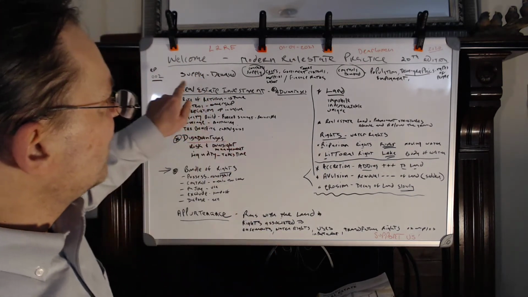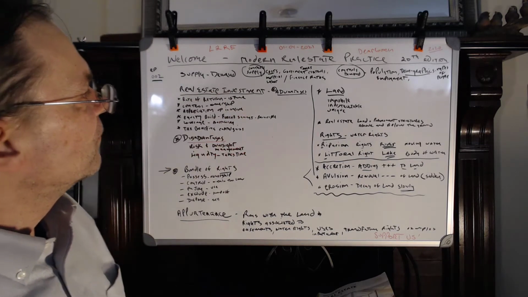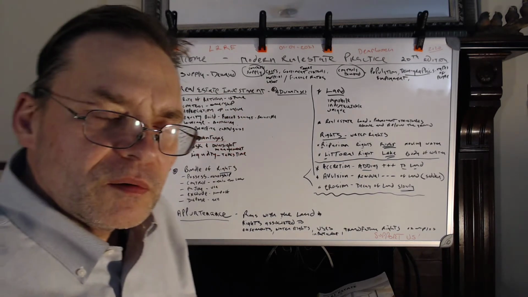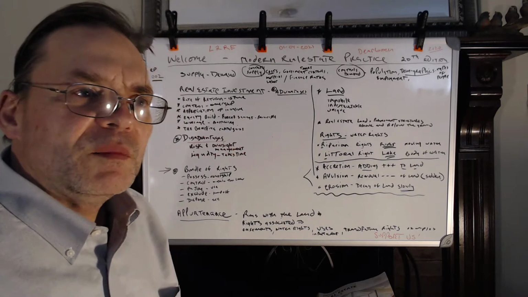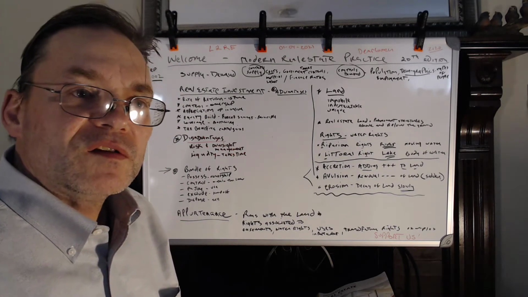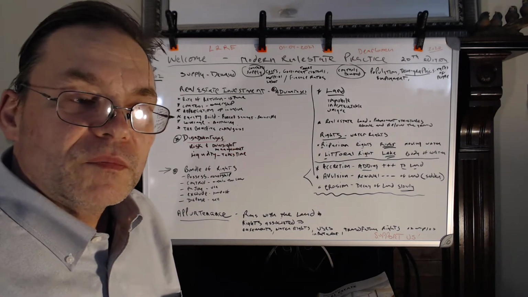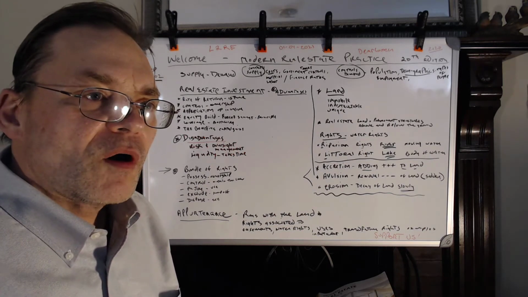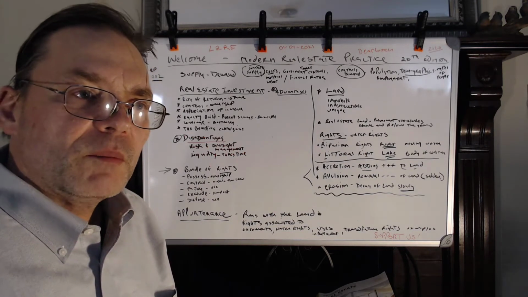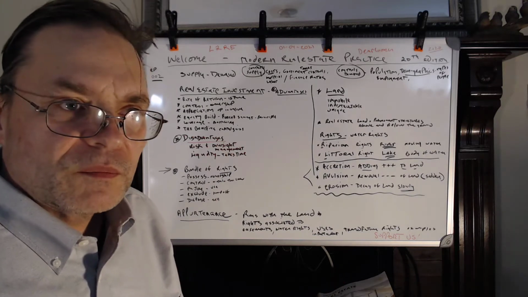Today we're going to be talking about supply and demand. And as we know, supply and demand dictates all markets. There is always a buyer, and there's always going to be a seller.